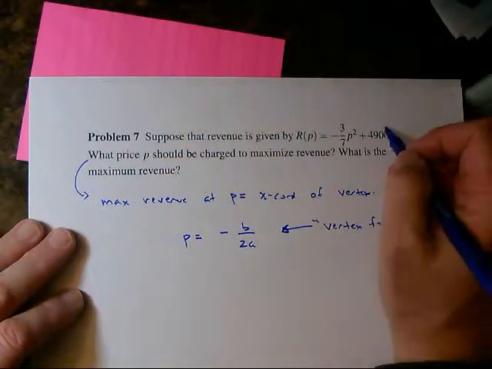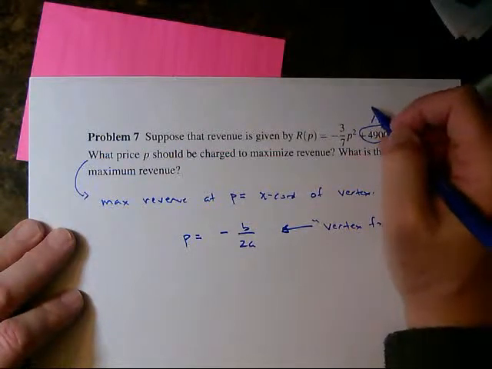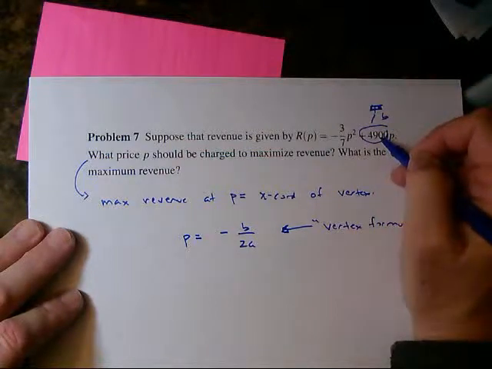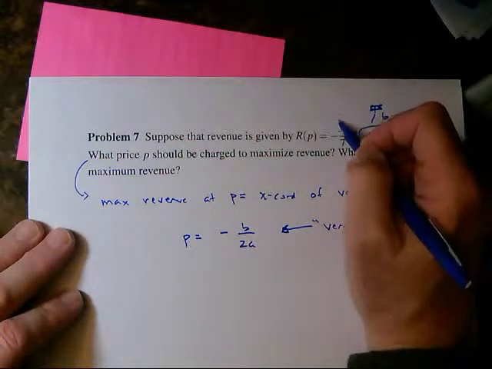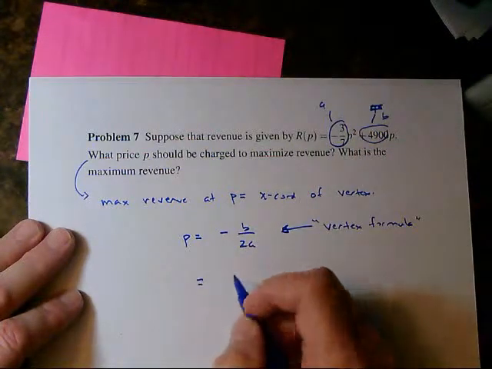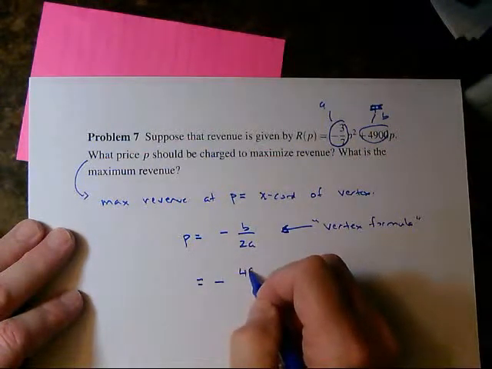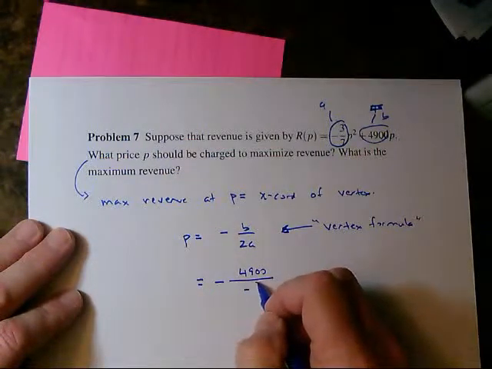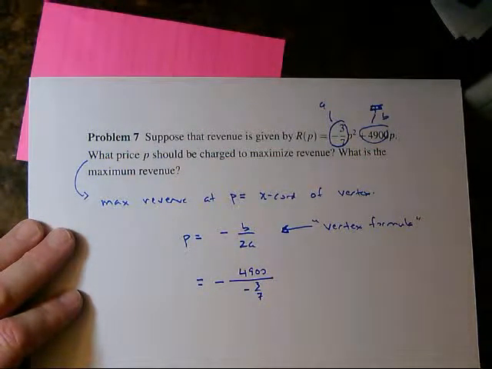Well, B is the 4900. A is the negative 3/7. So this is going to be negative 4900 divided by 2 times negative 3/7.